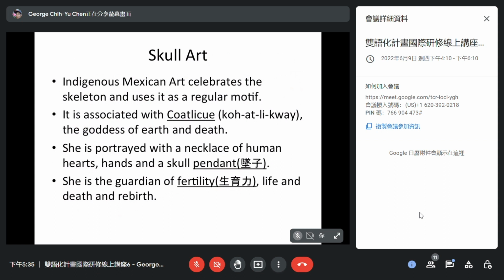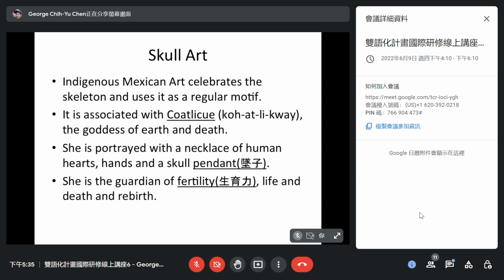Necklace means 项链，人心做出来的项链，and hands and 头颅的坠子。She's the guardian. We used the word guardian in my previous slide. Guardian means supporter or 守护者 of fertility, life, death, and rebirth.